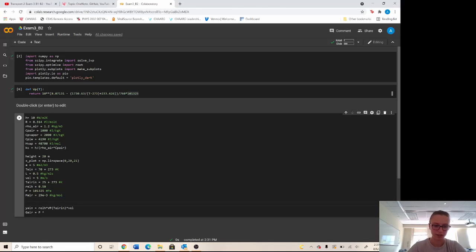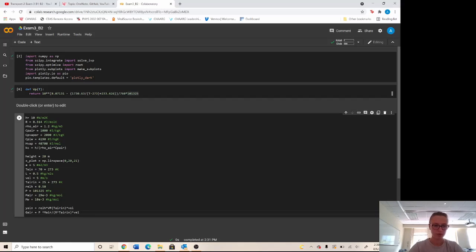And then the molecular weight of the water is equal to 18 times 10 to the negative third kilograms per mole. Okay, so the gas flow rate of the air is equal to the pressure times the molecular weight of the air, divided by the ideal gas constant times the temperature of the air going in, and then multiplied by the velocity as well.